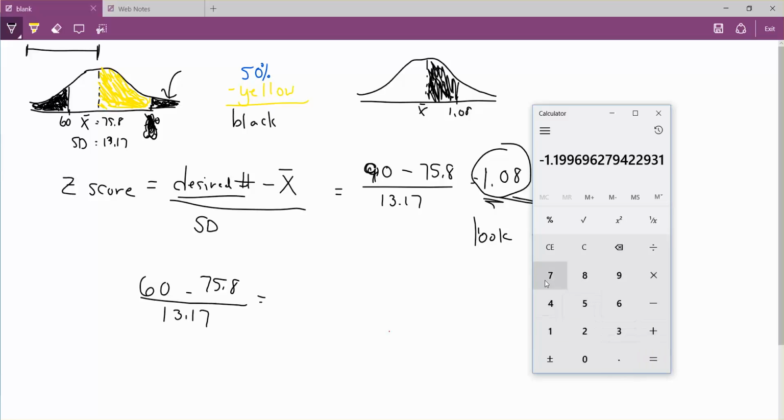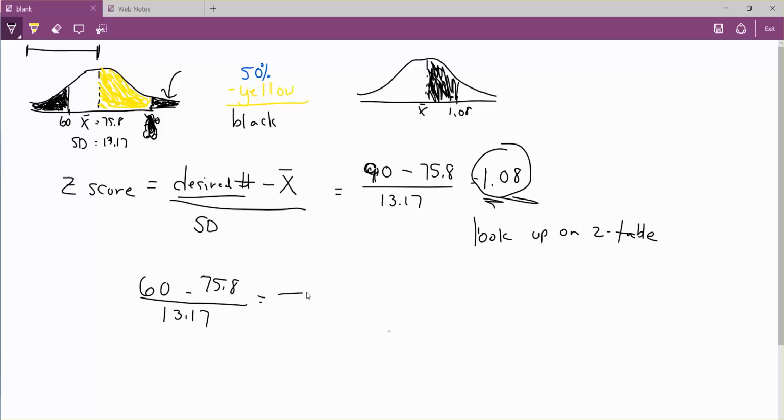Hopefully I pushed everything correctly. That gives me minus 1.1997, but I'm just going to round to 2 decimal places because my z-table only goes out to 2 decimal places. So I'm going to round that to minus 1.2, 1.20, but I don't really need that 0.